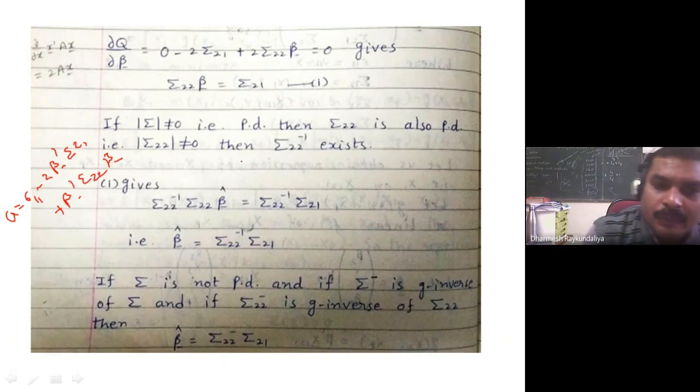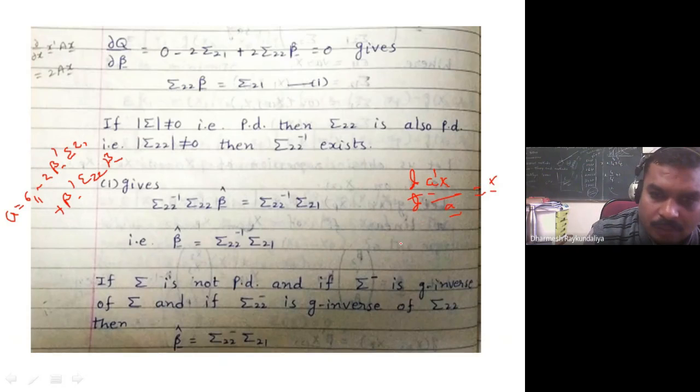So if you remember, I have told you some results. X transpose A, and if you take the derivative of this with respect to A, what will you get? You will get X.